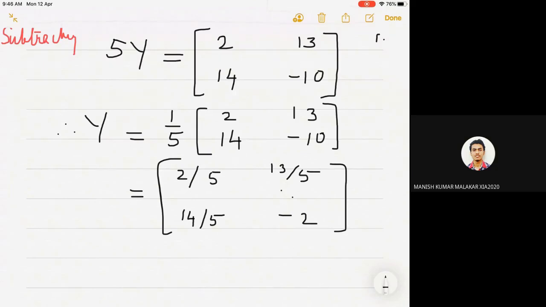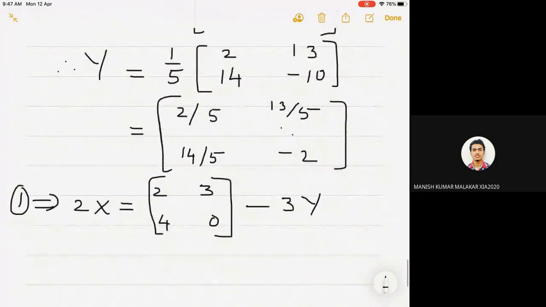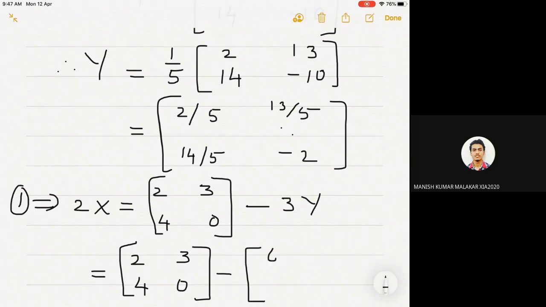Now how to get x? Putting in the first equation, we want x known. So 2x is equal to [2, 3, 4, 0] minus 3y. Y is 6 by 5 because every element is to be multiplied by 3 here.